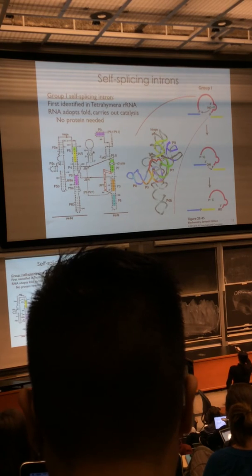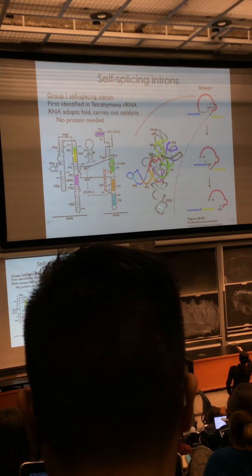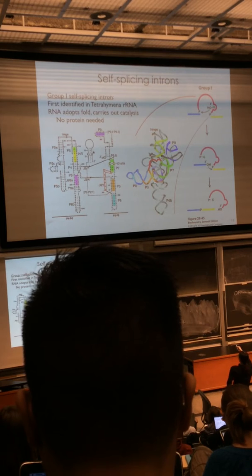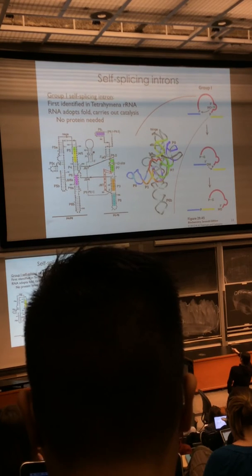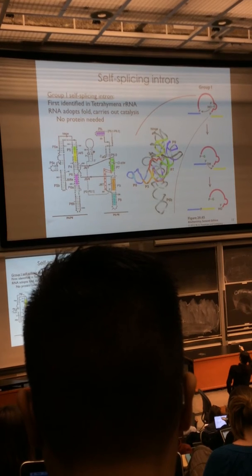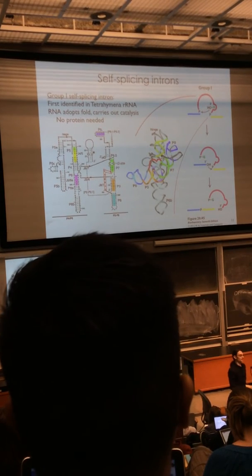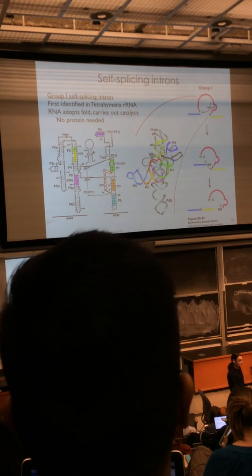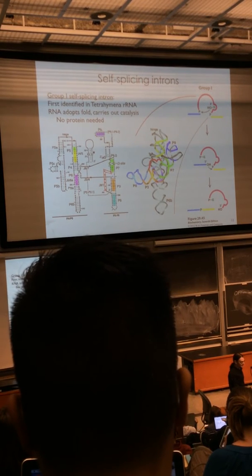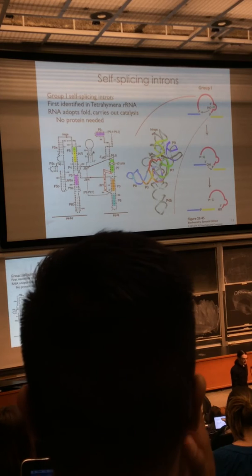You can see that this three-dimensional structure is full of helices, and the pattern of base pairing in all of these helices is illustrated in this diagram here. And then all these contacts really assemble this into a catalytically active structure that can function as an isolated RNA with no protein components to catalyze its own splicing.